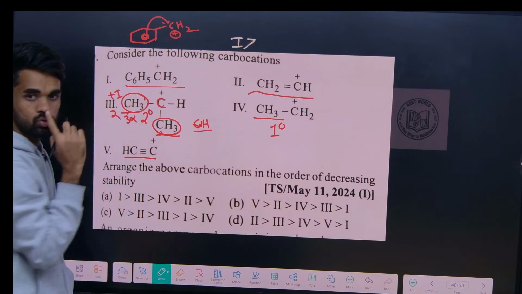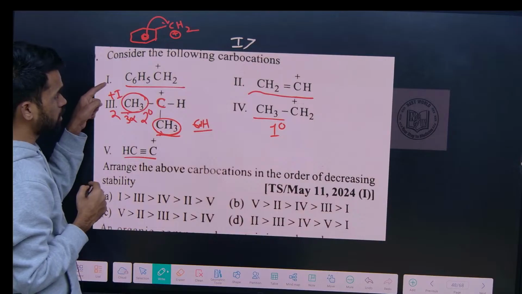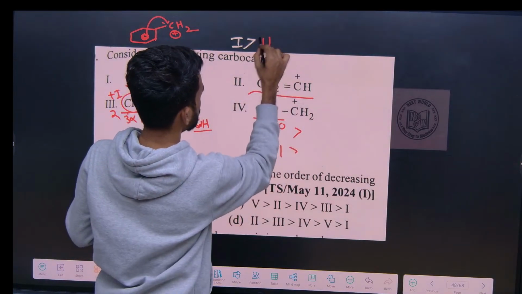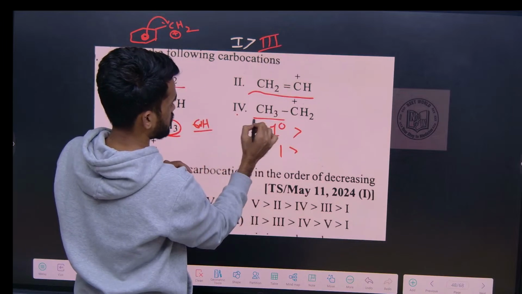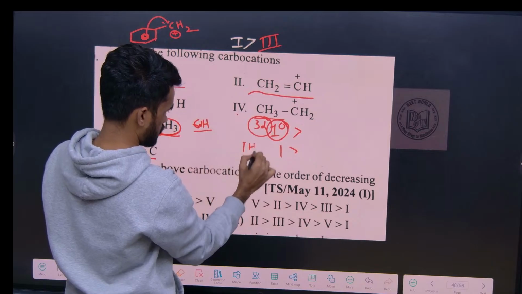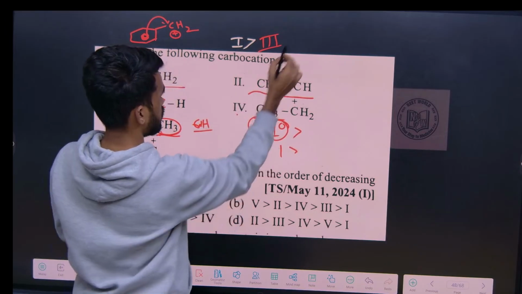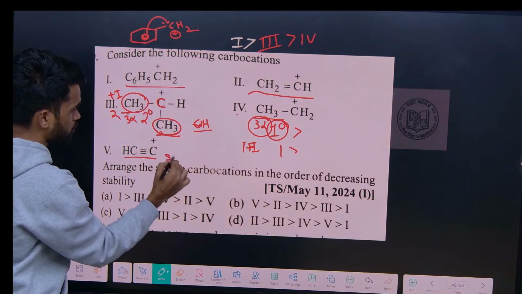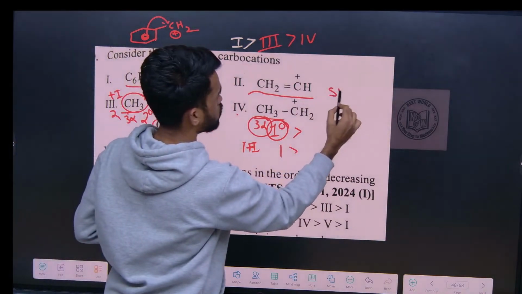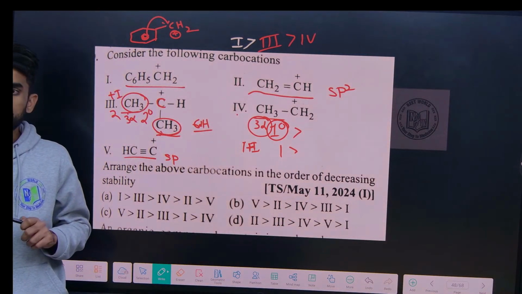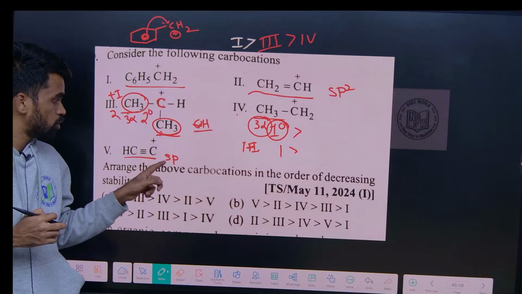How many are there? 2. Okay, so it means 1, after that 3, and the fourth one is having 3 alpha hydrogens, and I can say 1 inductive plus I effect. And between these two, this is sp carbon, this is sp2 carbon. So where do we have more electronegativity? Electronegativity is more with more s character.